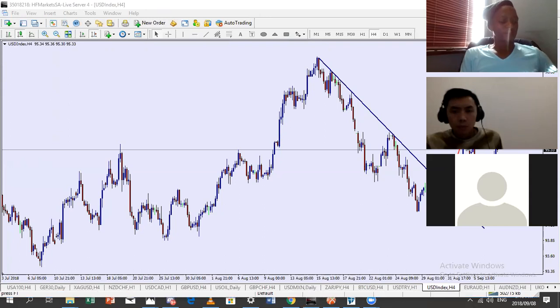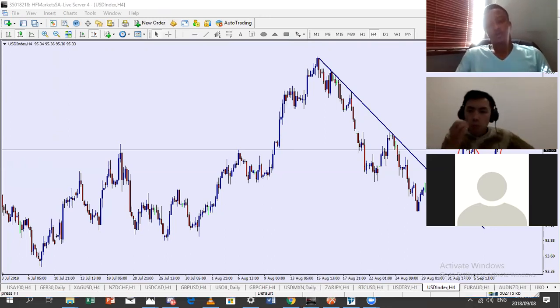Remember, if it breaks out going up, it should come back to test before it continues going up, right? So Fibonacci, guys, is very important.